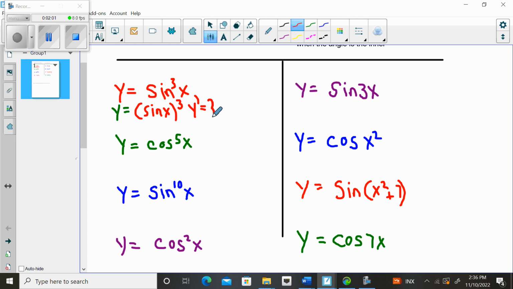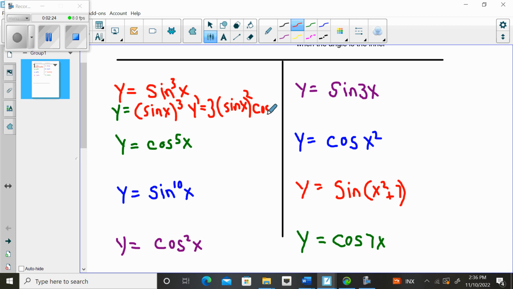So we go to do the chain rule, and we say the derivative is 3, drop the 3 in front, keep the inner, sine x is the inner, decrease the power by 1. So we did the chain rule, or the power rule, on this outer shell, and then we do times the derivative of the inner, which is cosine.